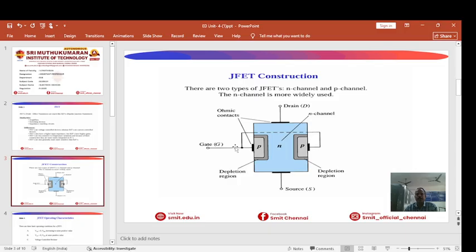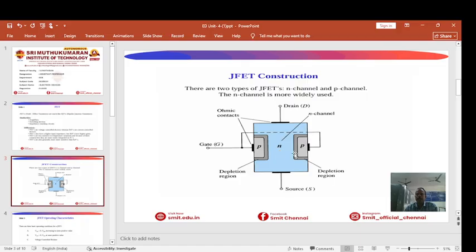Gate is nothing but the controller, or we can say a modulator. So by controlling the gate bias, we are able to control the FET or JFET. By varying the gate bias or gate voltage, we can vary the characteristics of the FET. So FET has three terminals; actually, it is a two-layer device only, but it has three terminals: the first terminal is called gate, the next drain, and the next source.